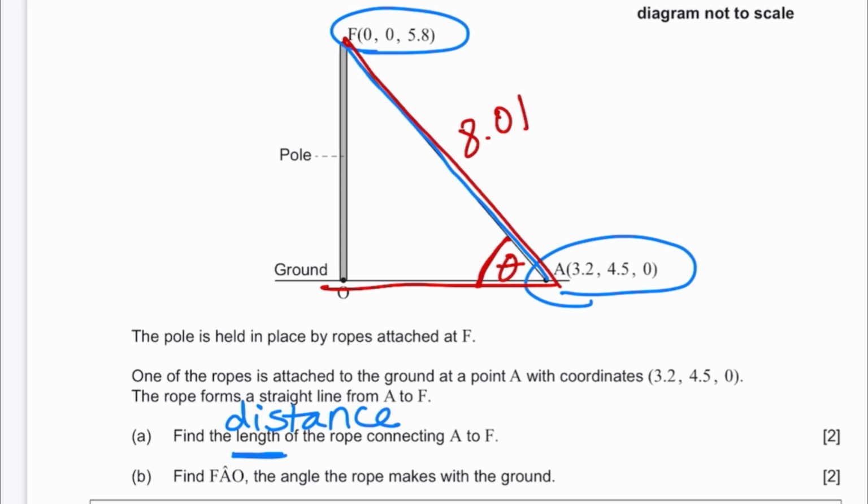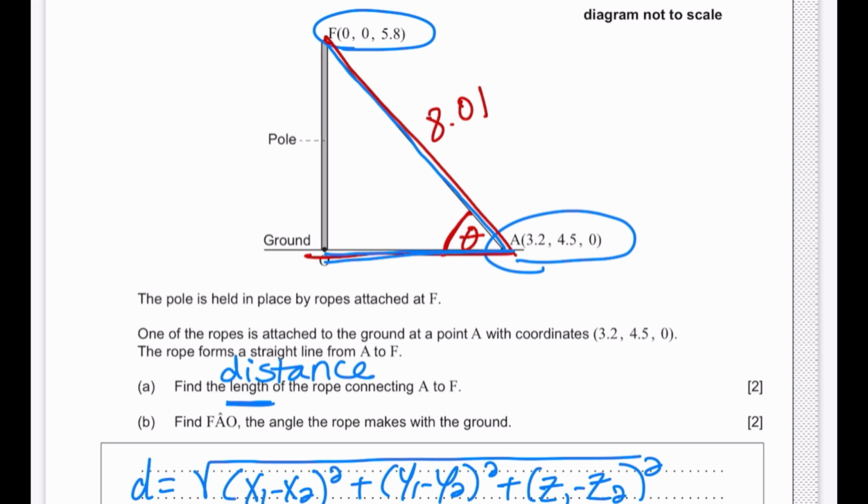So the other thing that we can do is either find the distance from F to O, and then I can use the trig ratio there, or I can just find the distance from O to A, and I can use that trig ratio there, which means that you're going to have to do this whole distance formula one more time. It's going to be easy either way because the point on the ground for O is 0, 0, 0.